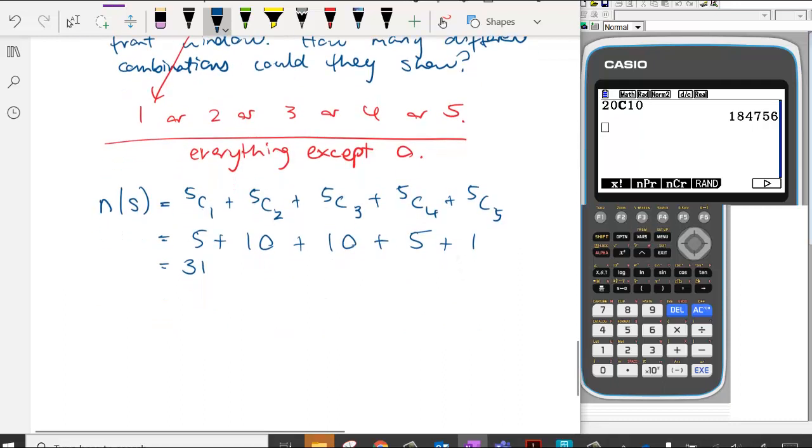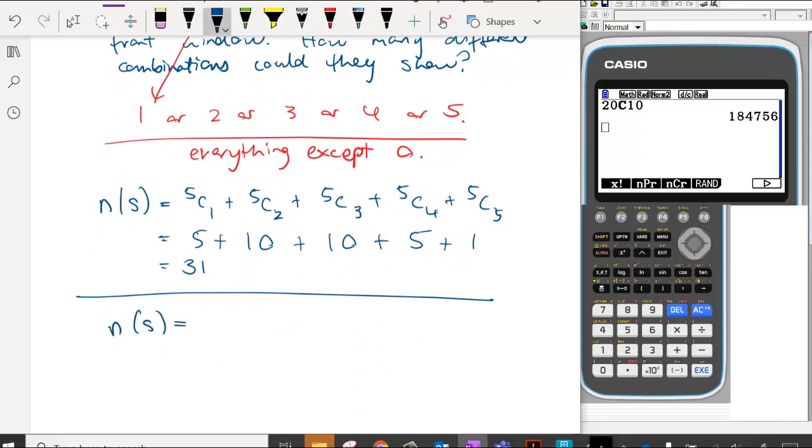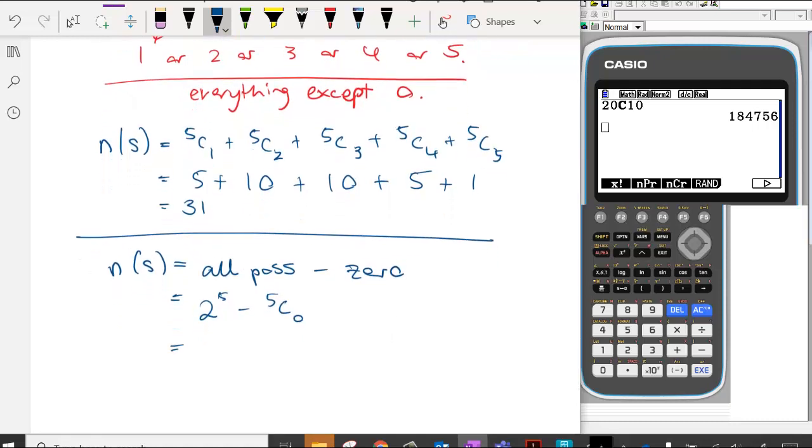The other way we can look at this is that the number of selections is all the possibilities subtract 0. So we can look at it as 2 to the power of 5 subtract 5C0, which means we should get the same outcome. We've got 32, and we're subtracting 5C0, which is 1. So we end up with 31.